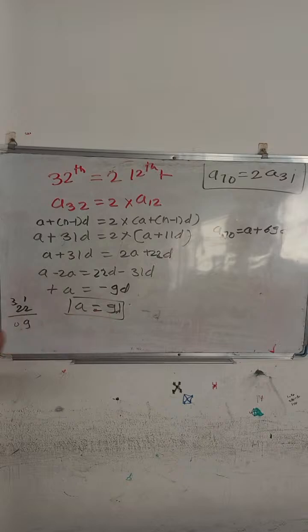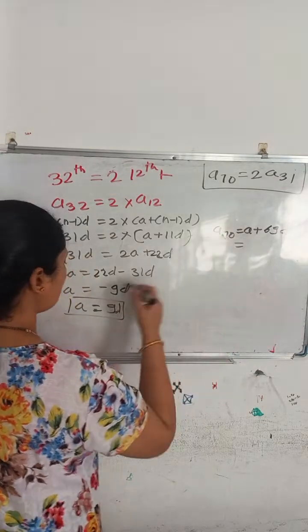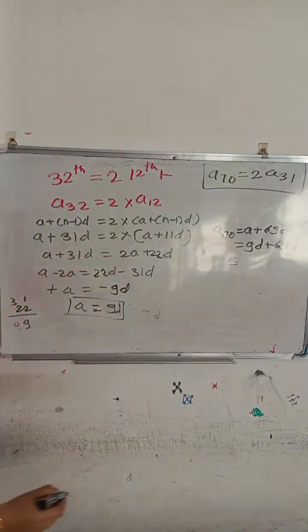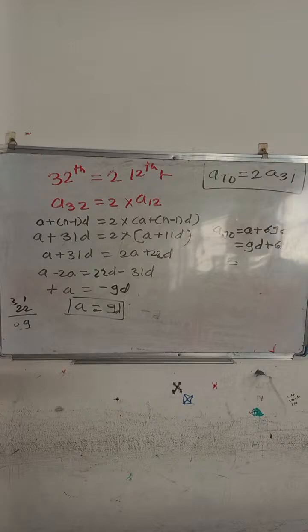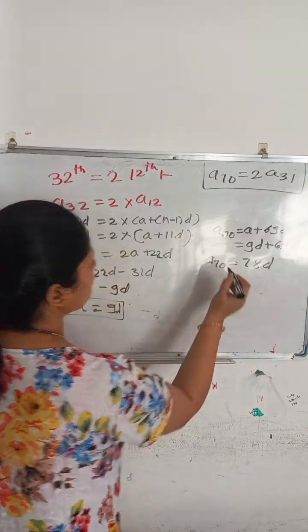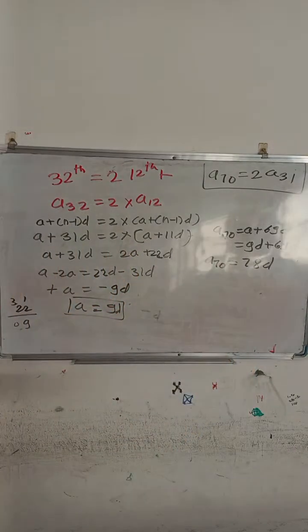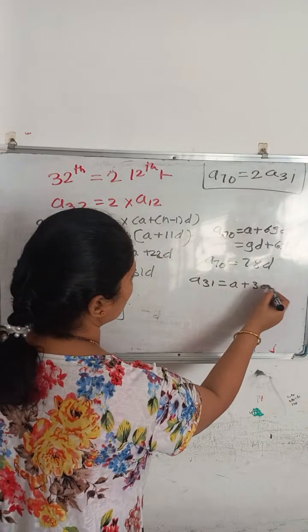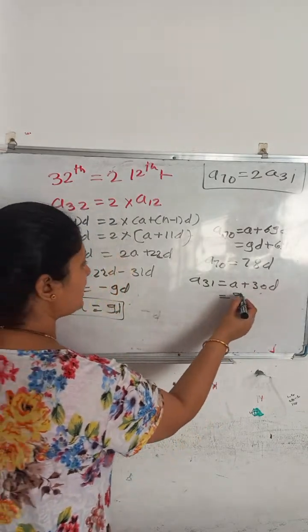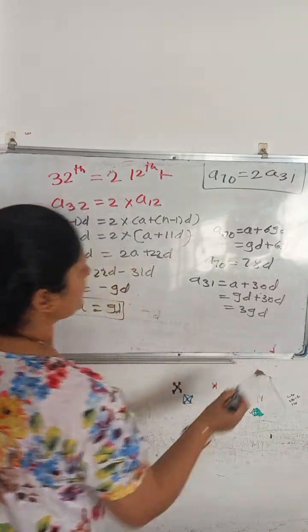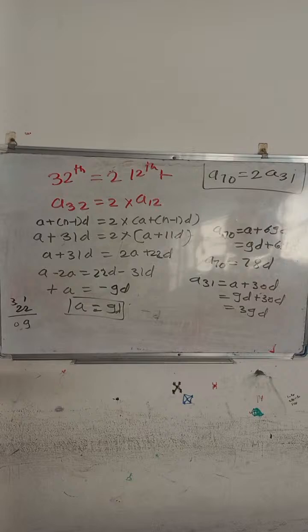I will write here the A value as 9D plus 69 into D. Once you add this, you will get 78D. So this is nothing but the 70th term. Getting this? And what is A31? A31 is nothing but A plus 30D, and the A value is again 9D plus 30D, that is equal to 39D. Okay, I got these values over here.